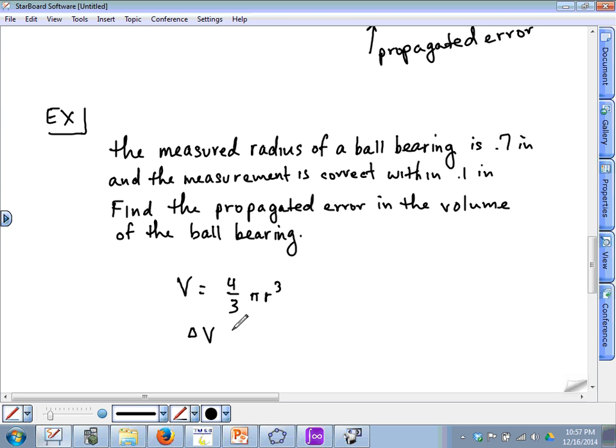Delta V can be approximated by dV. I showed you a little bit earlier that delta y can be approximated by dy.